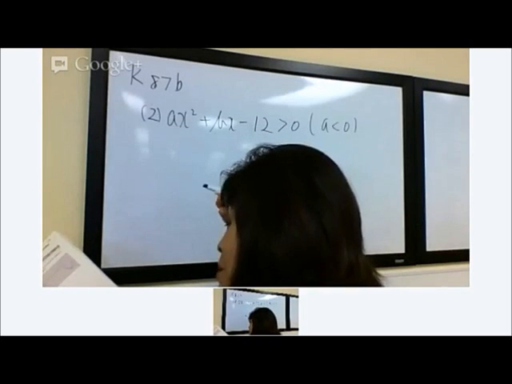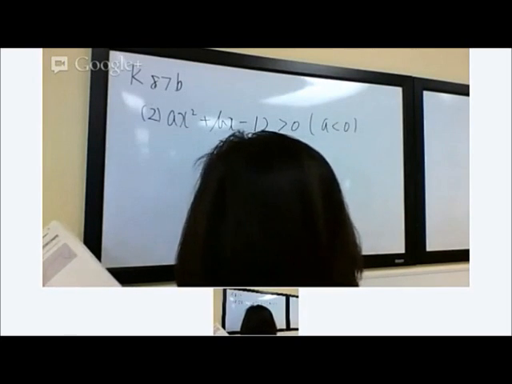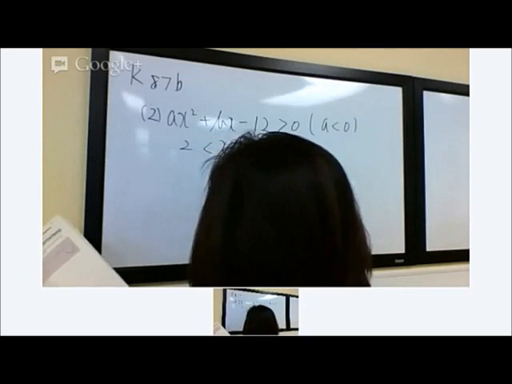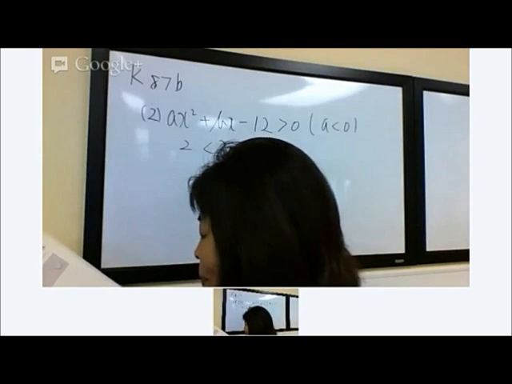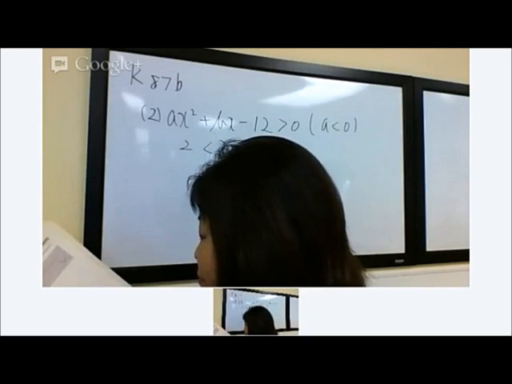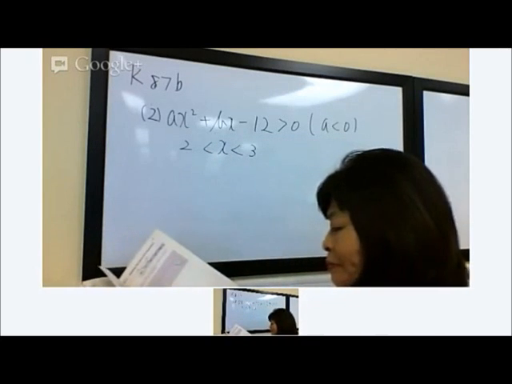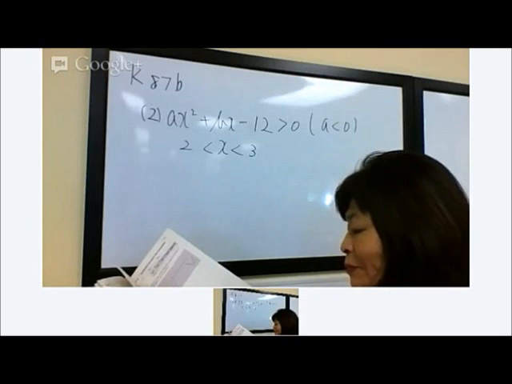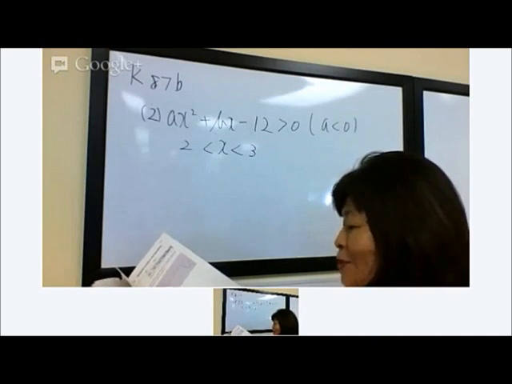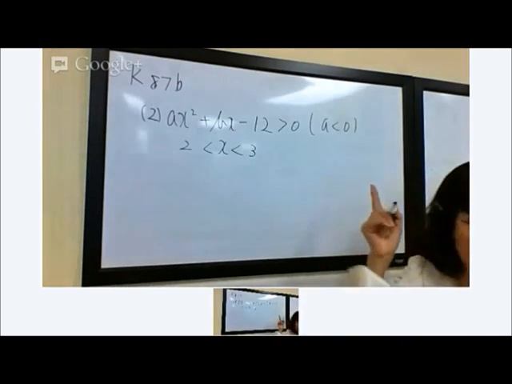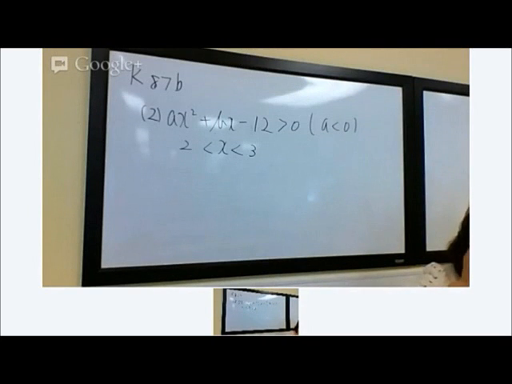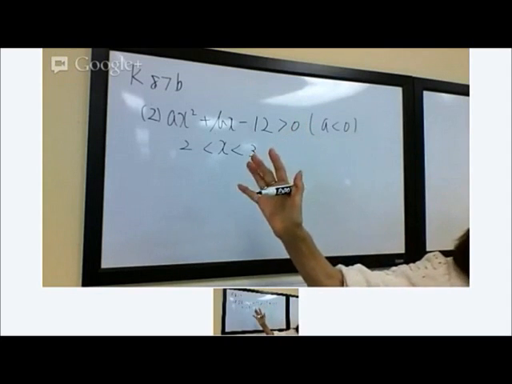The solution is, a is less than 0. So a is less than 0, right? That's how they did this, right? a is negative. Then they multiply by another negative. a itself is negative already.